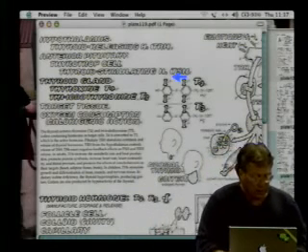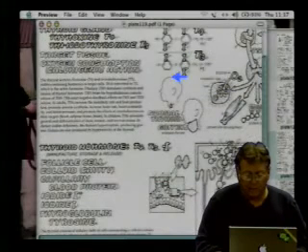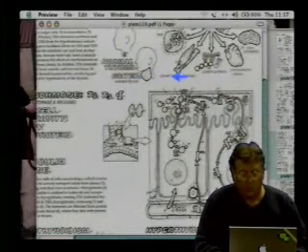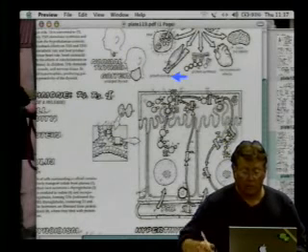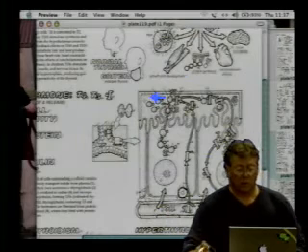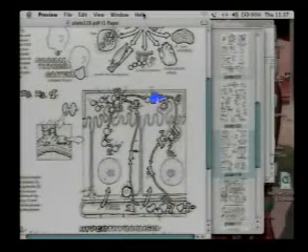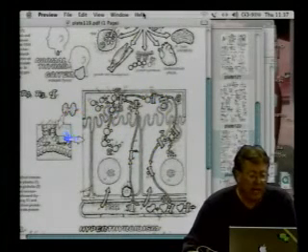Let's look at an individual cell. So here's my cell. Here's the gland, a little section of the gland.